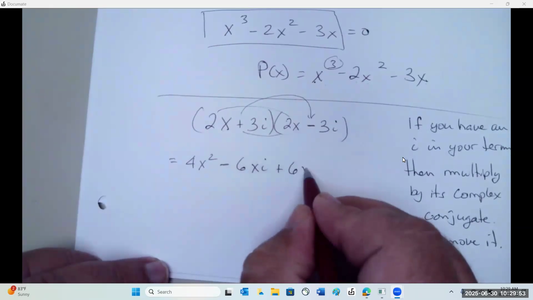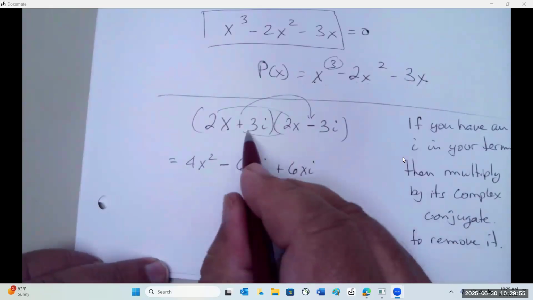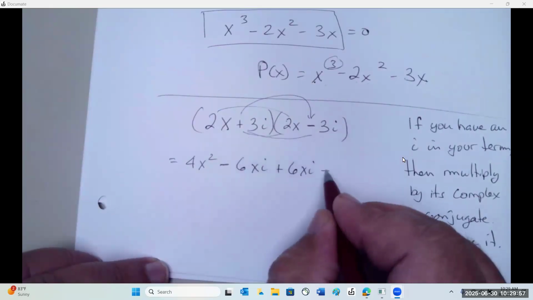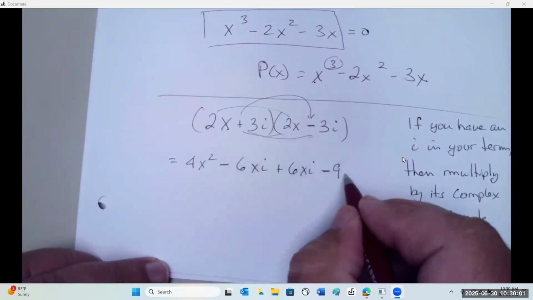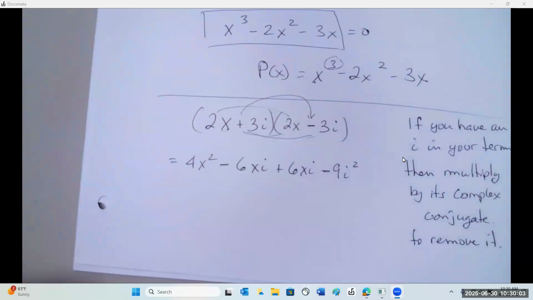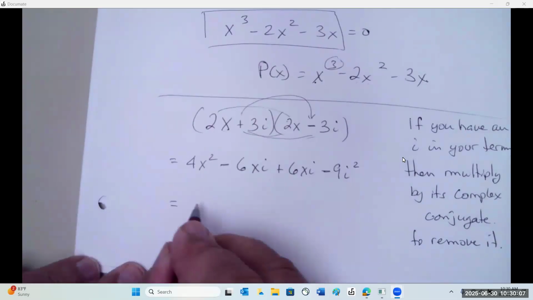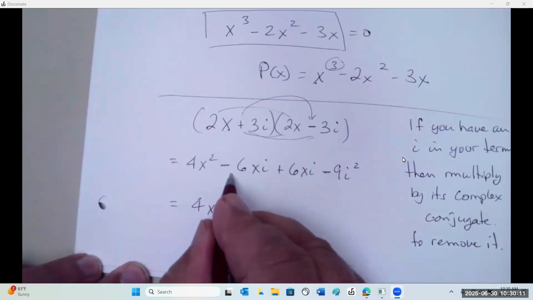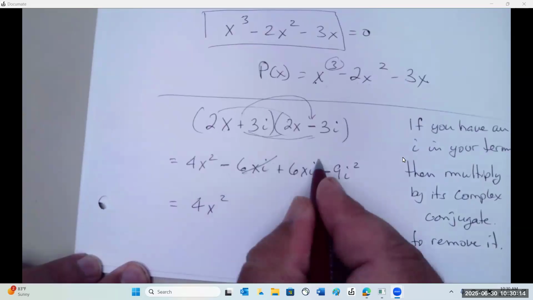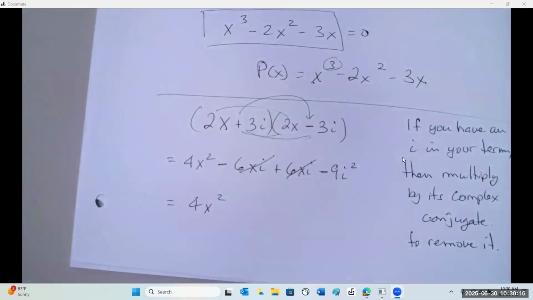X times i is xi. Negative times positive is negative. 3 times 3 is 9. i times i is i squared. Combine like terms. The negative 6xi plus 6xi, they cancel.